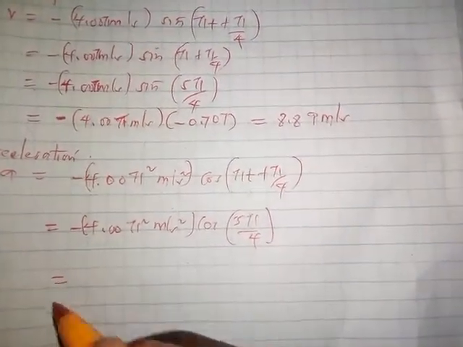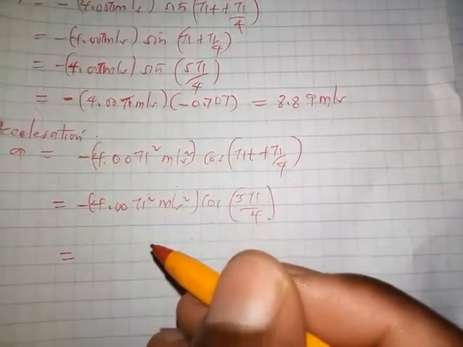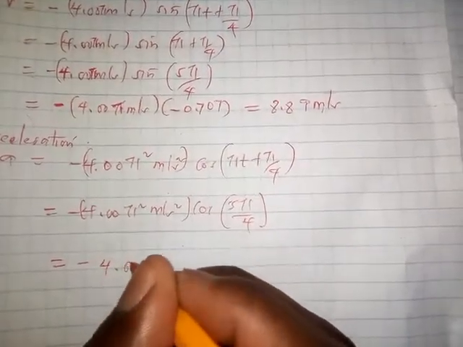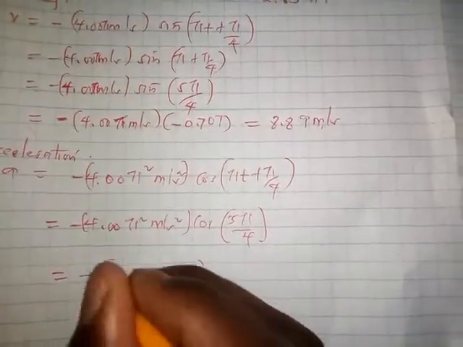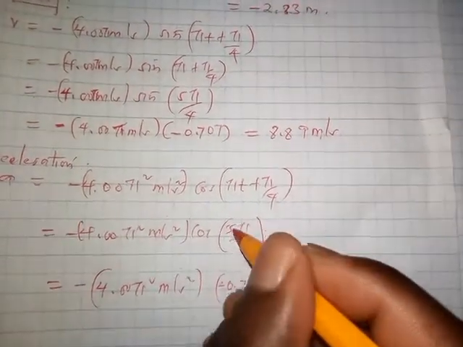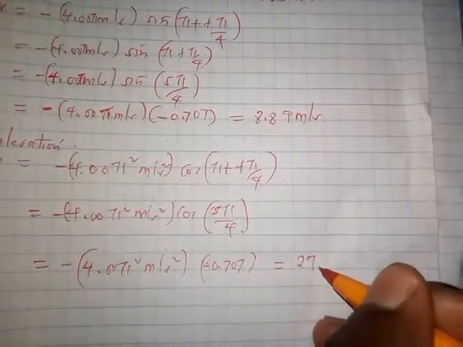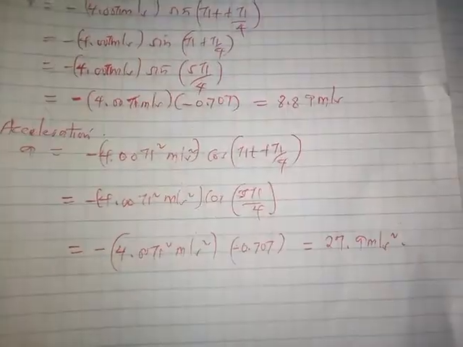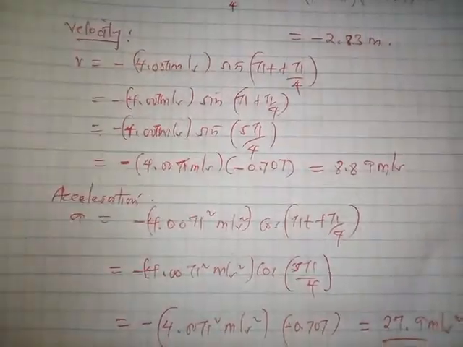So the final answer for acceleration at t equals 1.00 seconds becomes negative 4.00 pi squared meters per second squared times negative 0.707, which gives us 27.9 meters per second squared. We are done.